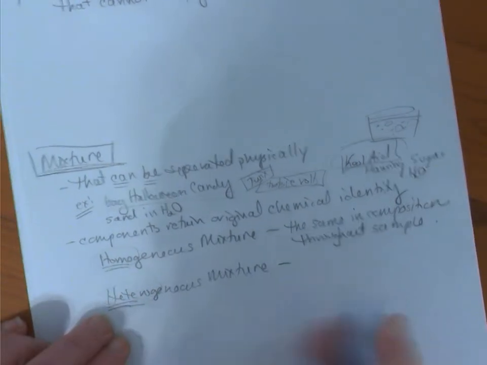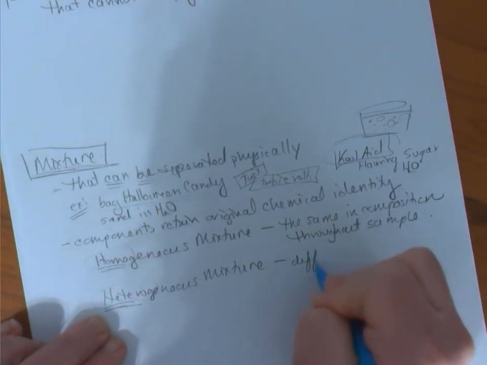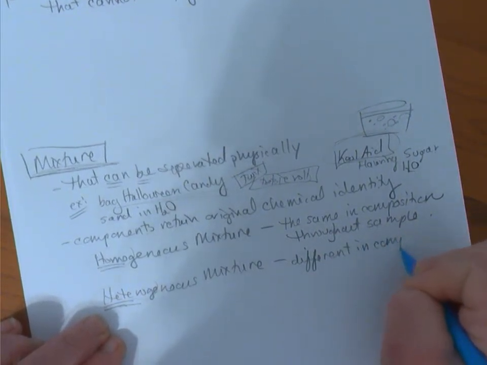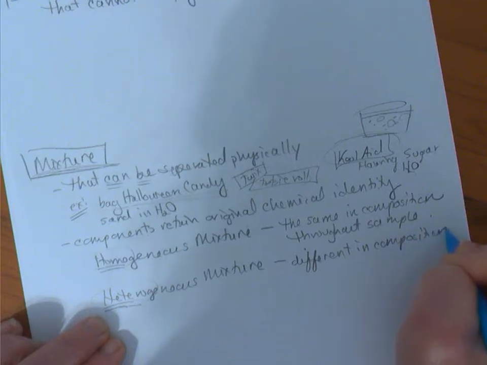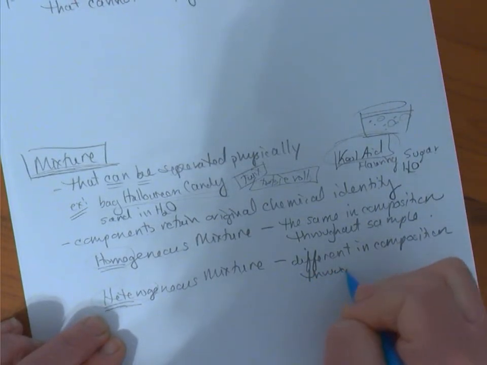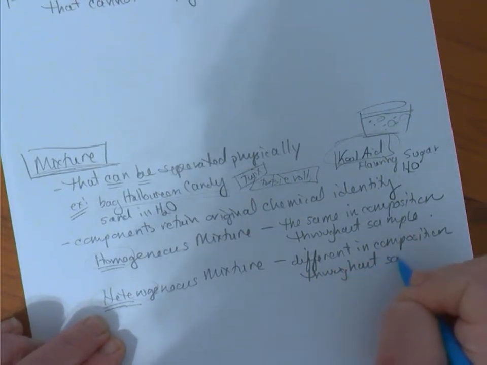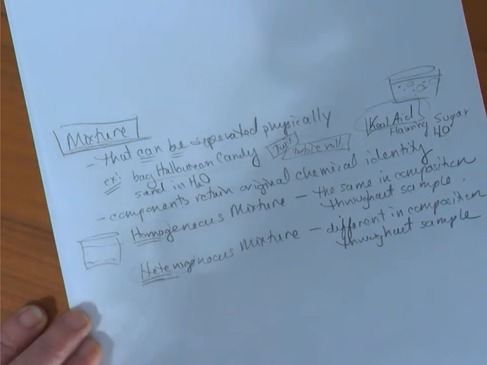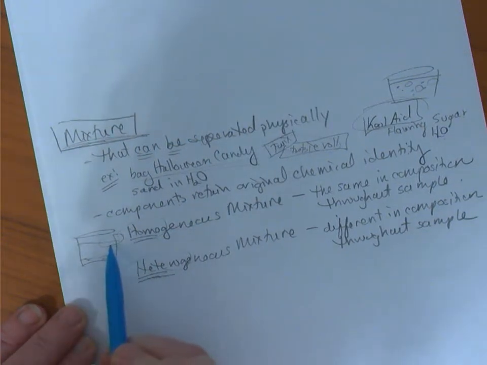Where heterogeneous is different in the composition throughout the sample. So, the sand in water. We know if we let it sit, the sand will collect along the bottom. So if we take a sample from here, it'll have much less sand than if we take a sample from there.